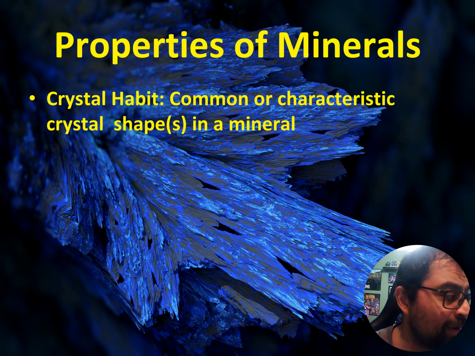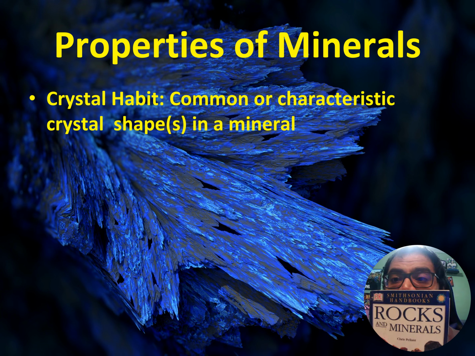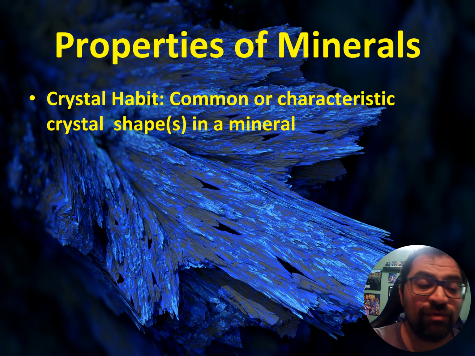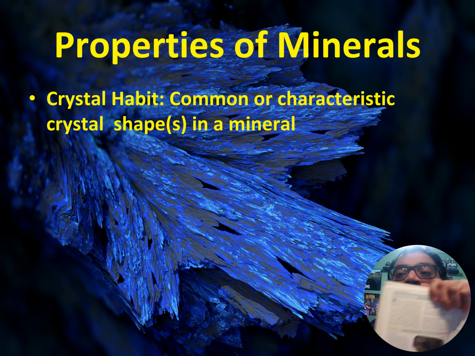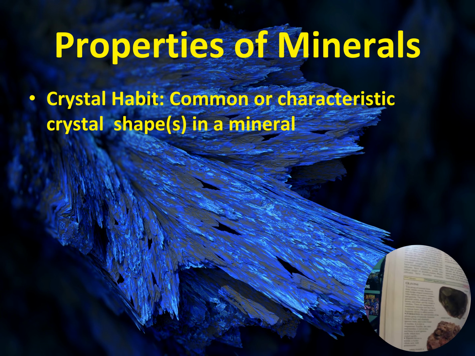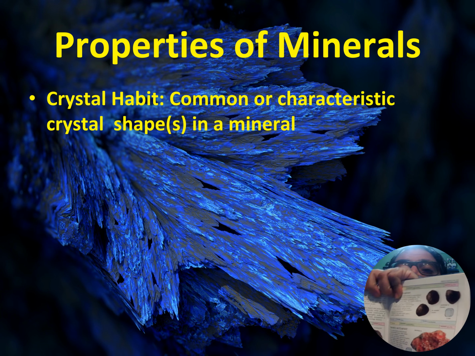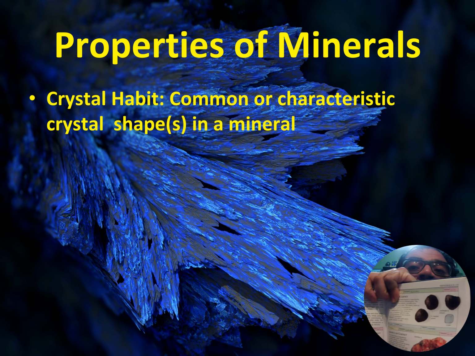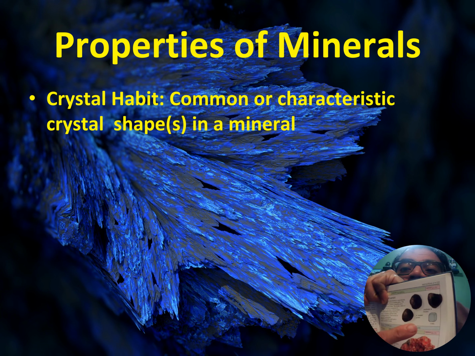So for example, if you have a rocks and minerals guidebook, kind of like this one, okay, this one's going to give you lots and lots of the different structures, lots of the distinct crystal habits that you might have. If you look at these pages right here, you can see that some of them show the different crystal habits that are found. For example, you see right there the crystal habit that you have, okay?